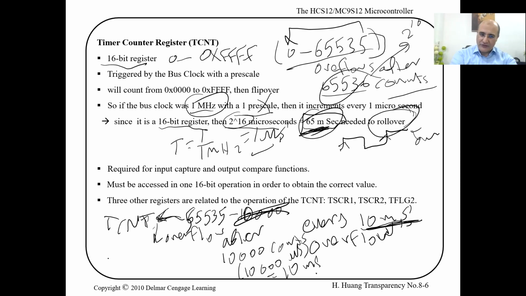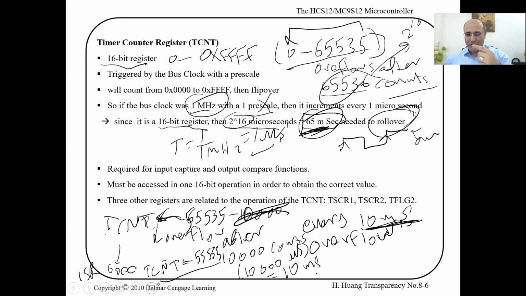When it overflows, it will go back to 0. But you can cause an interrupt to happen at the overflow. Inside the interrupt service routine, the first thing you write is to go write 55,535 in the TCNT again.